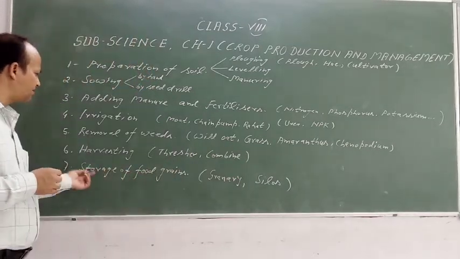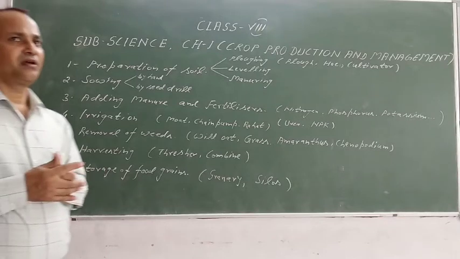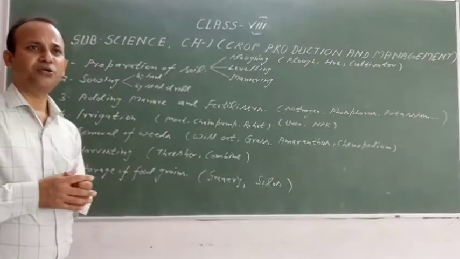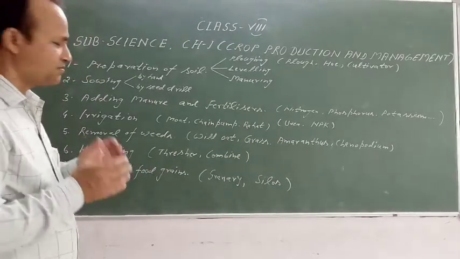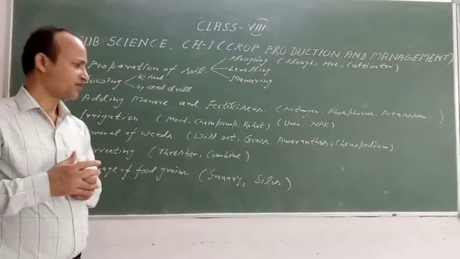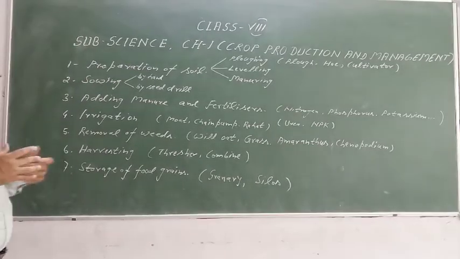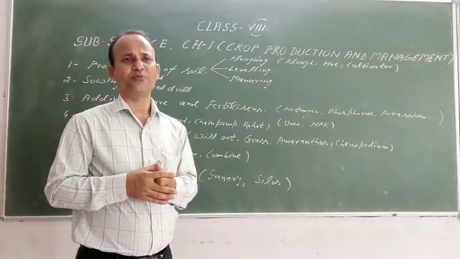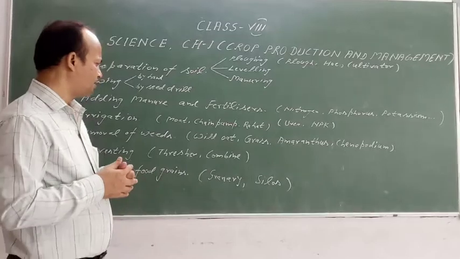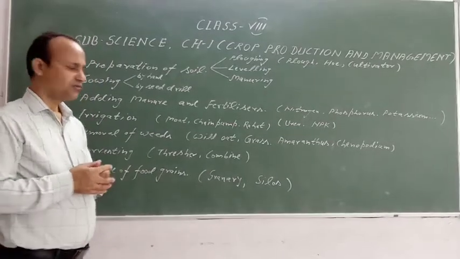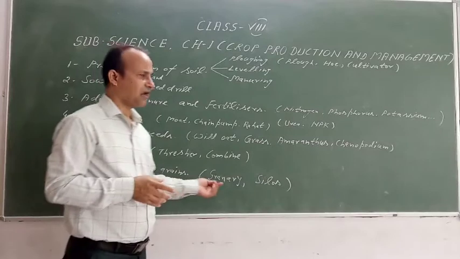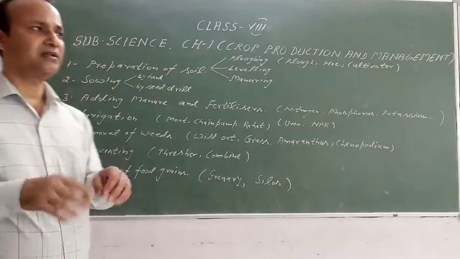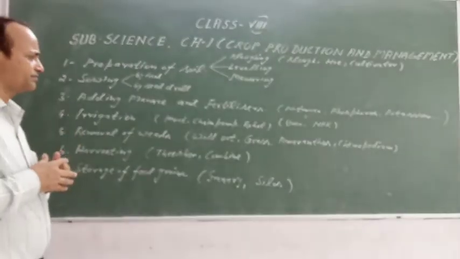And lastly one is the storage of food grains. When grains are prepared, we need to keep them safe for future use. That's why we store them safely, free from rodents, microbes, moisture, etc. For these purposes, we put grains in a granary. First we put the grains in gunny bags and then we store them in the granary.